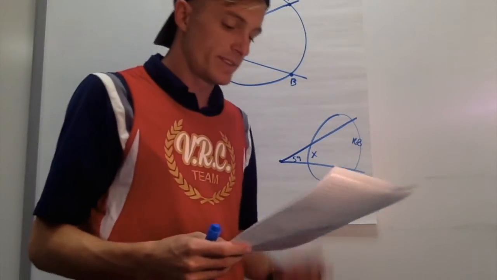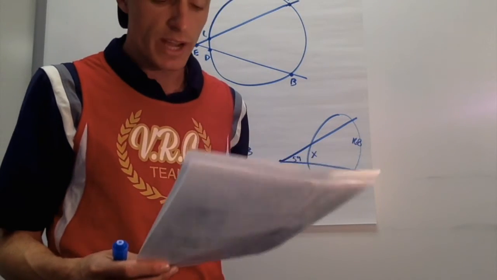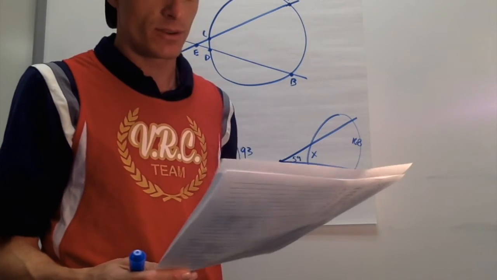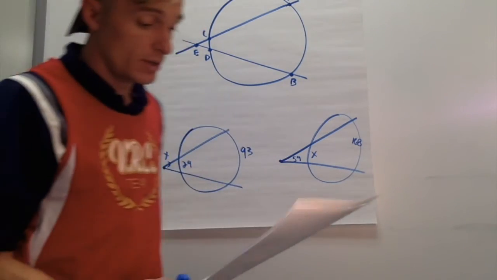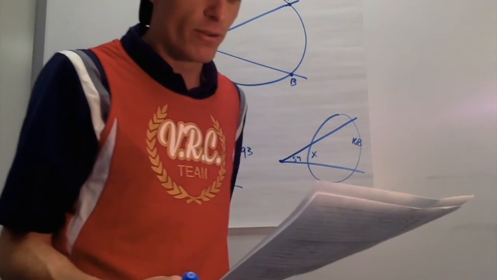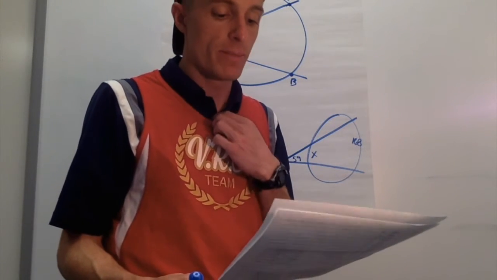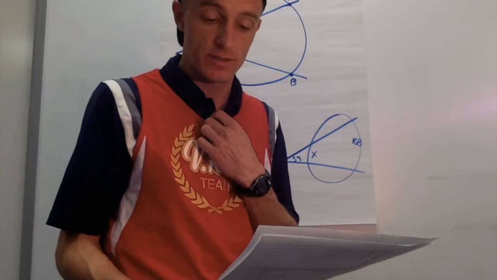Let's read it. If a tangent and a secant, 2 tangents or 2 secants, intersect in the exterior of a circle, so we're talking about exterior angles, then the measure of the angle formed is 1/2 the difference, important, difference, of the measure of the intercepted arcs.